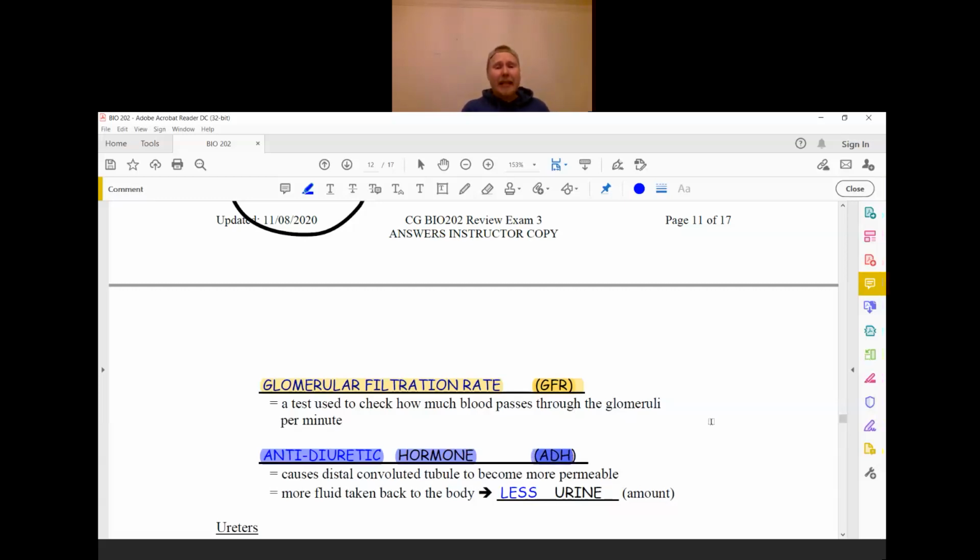We remember what antidiuretic hormone did was that it was anti for pee production of the urine. So if we have great amounts of antidiuretic hormone available around, that results in less urine being produced.